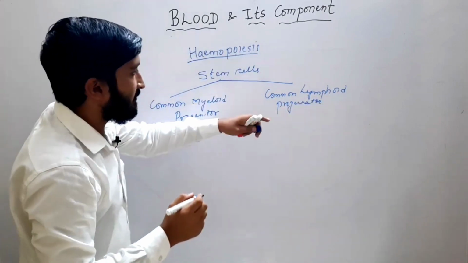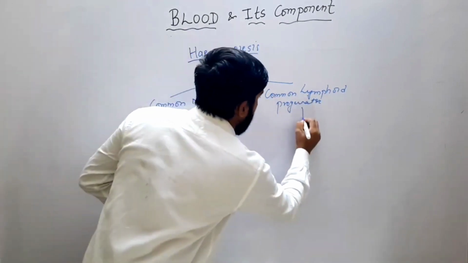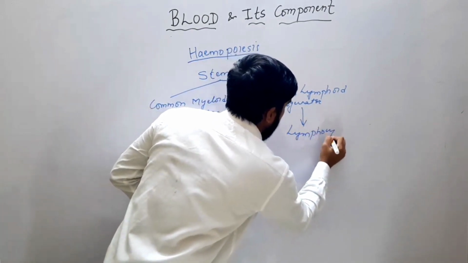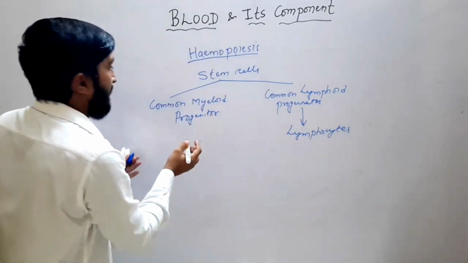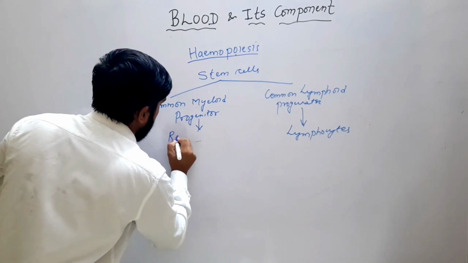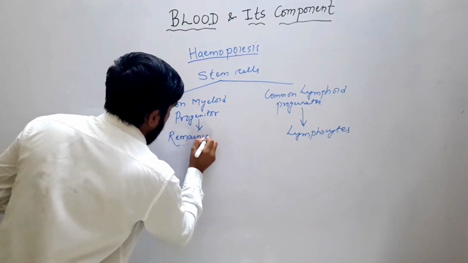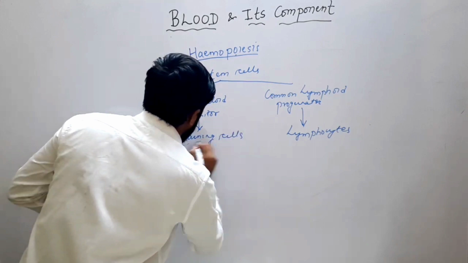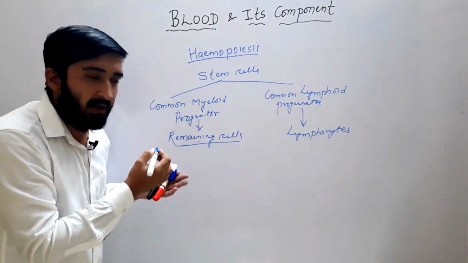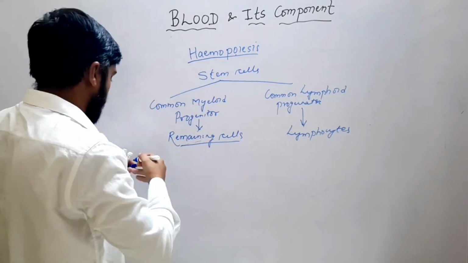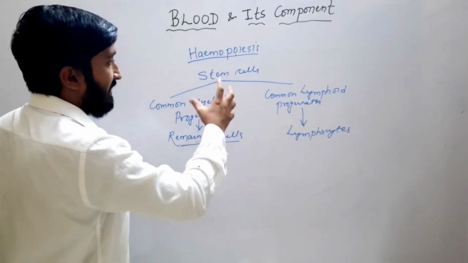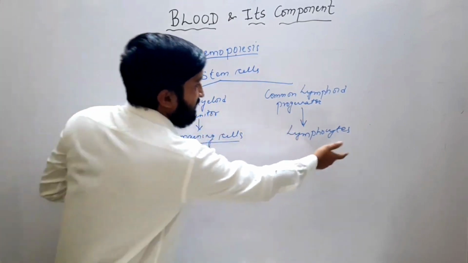So from common lymphoid progenitors, lymphocytes are formed. And from common myeloid progenitor, all the remaining cells are formed, such as the platelets, which are formed from the megakaryocytes, and others like RBC and the remaining WBCs, that is granulocytes and agranulocytes, leaving these lymphocytes.